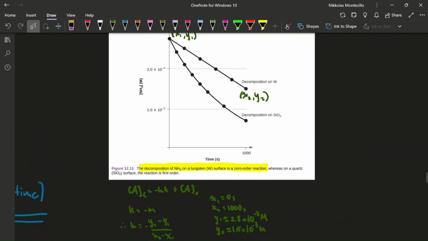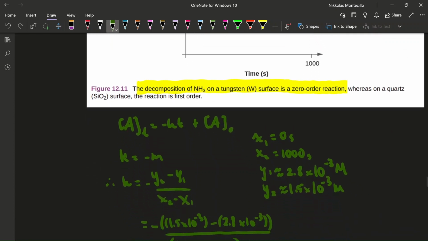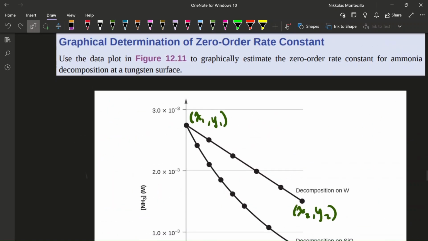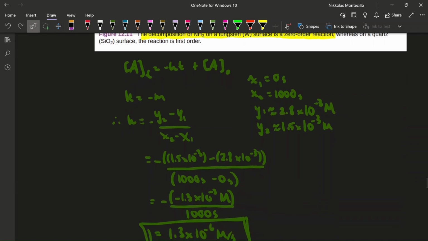So from a zero order reaction, we know that this integrated rate law will be the concentration of A at any given time t equals negative KT plus the initial concentration, where K equals negative M. Okay.